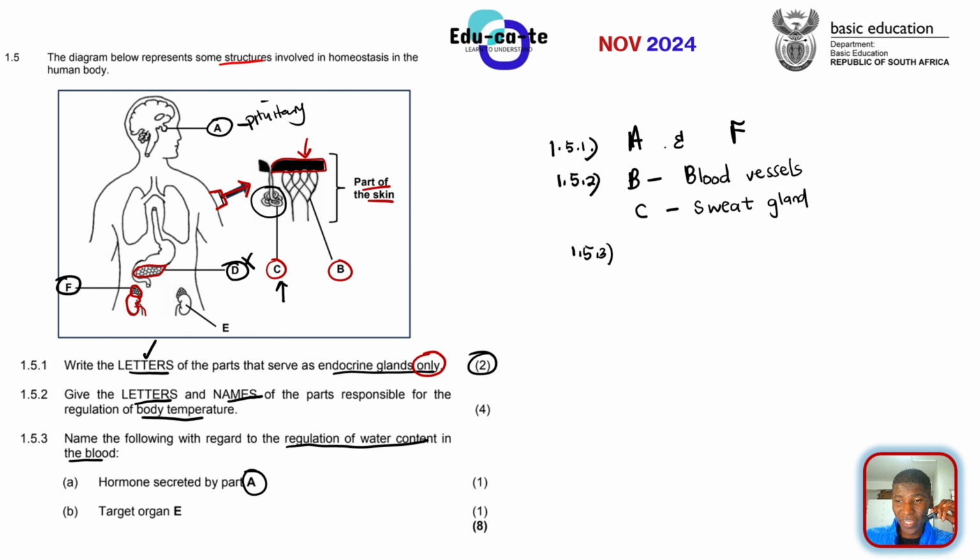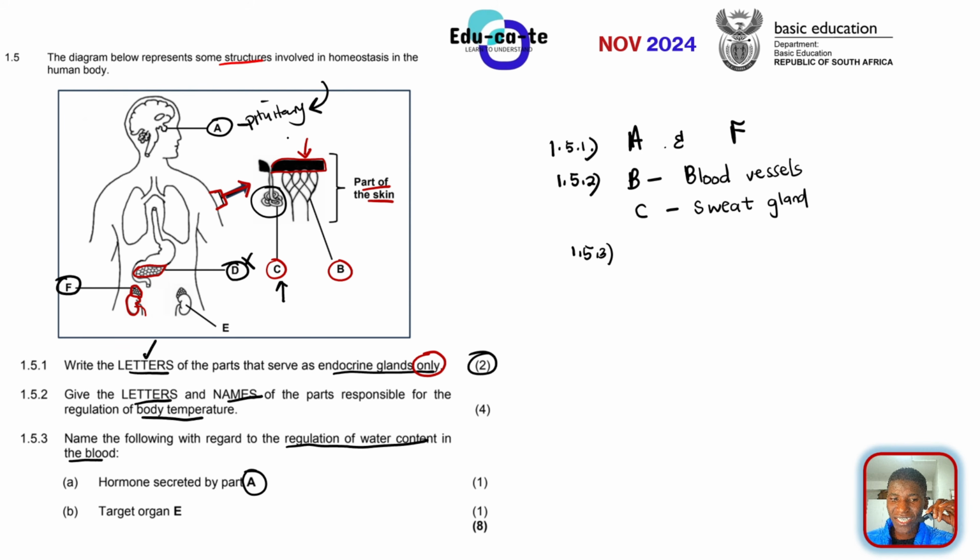Okay, the osmoregulation. Basically, osmoregulation requires the hormone ADH. The hormone ADH is not really produced by the pituitary gland. It is produced by the hypothalamus, but it is stored in the pituitary gland, and then secreted by the pituitary gland.